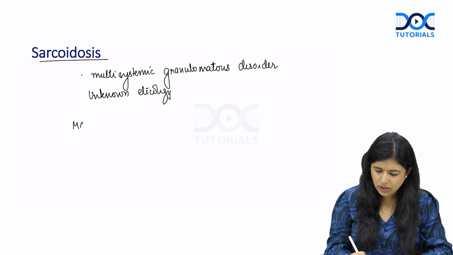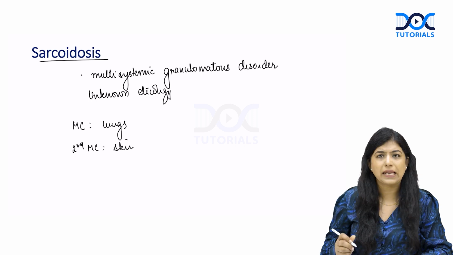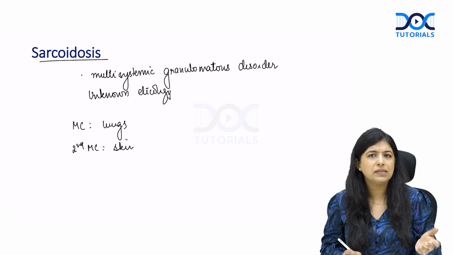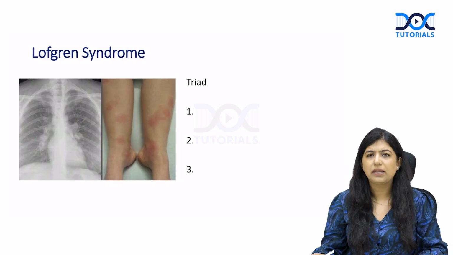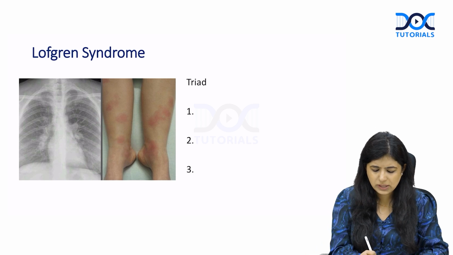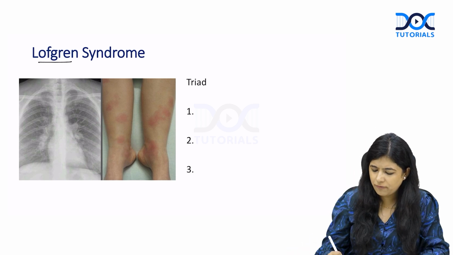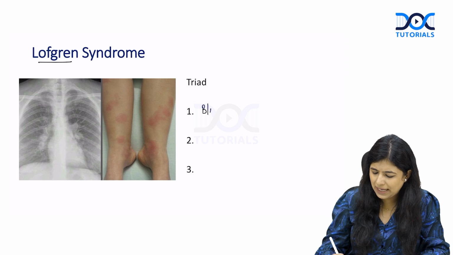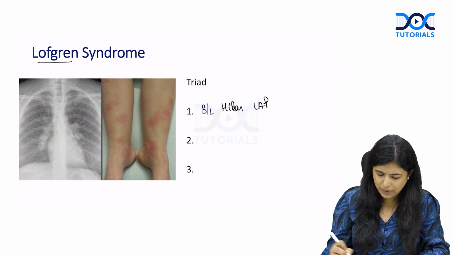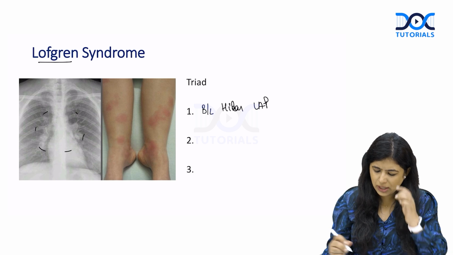The most common organ involved in sarcoidosis are the lungs, while the second most common is skin. Now, mostly sarcoidosis is an insidious disease, but there can be an acute form also, which is called as Lofgren syndrome. The typical triad of Lofgren syndrome is bilateral hilar lymphadenopathy, as you can see in the image here.